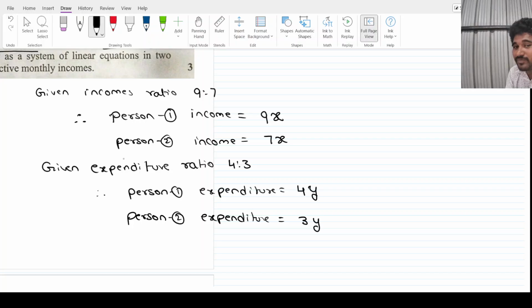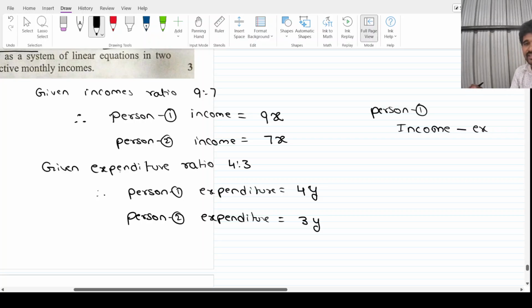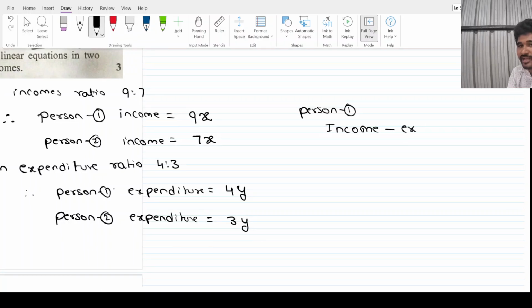So see here. Person 1 income minus expenditure should be equal to saving. Am I correct or not?